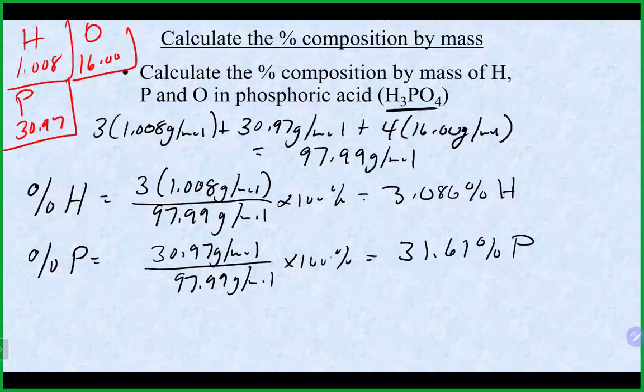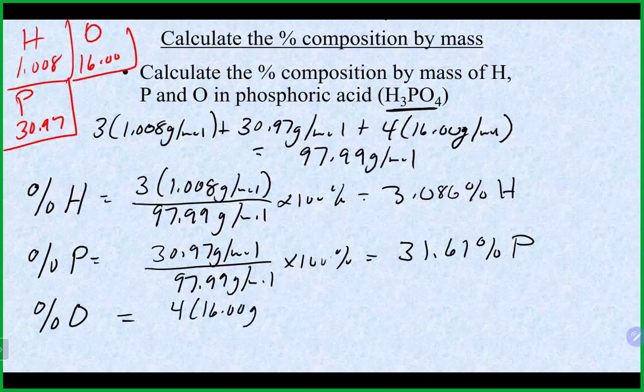And lastly here, our percentage of oxygen. There are 4 of them, so we'll take 4 times 16 for the 4 oxygens, divided by the molar mass of the entire compound. And again, times 100%.